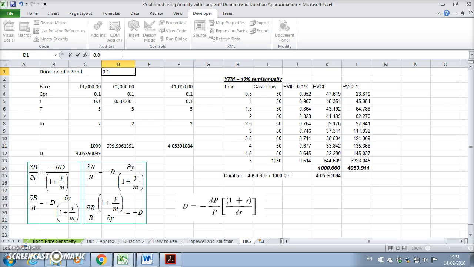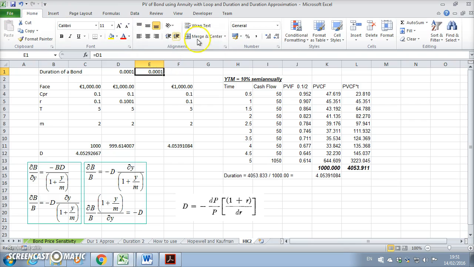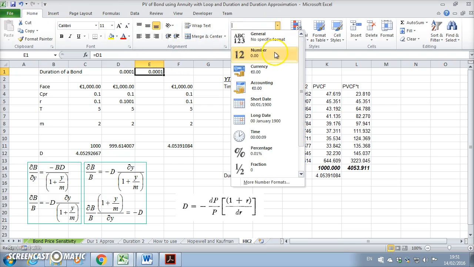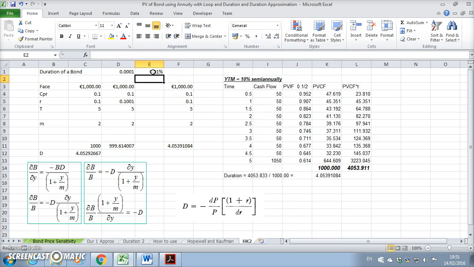If we wanted to represent 1 basis point, we thought of this as a percentage. Okay, let's go back and just convert to percentage. You can see that this is equal to 1 basis point.